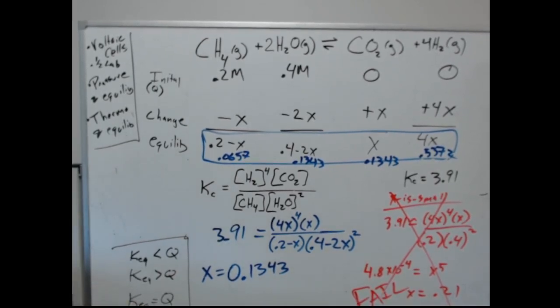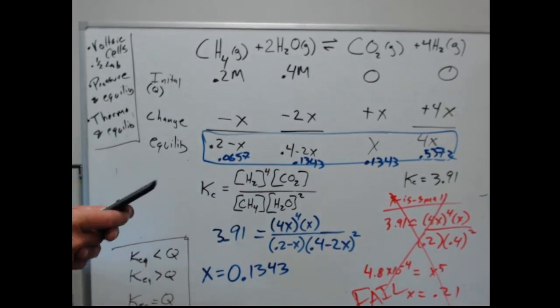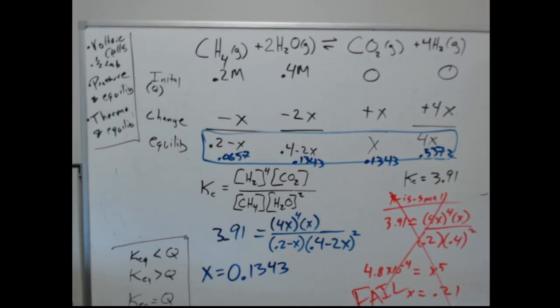Let me check something real quick. 1657. Why is that? I'm getting, I think, okay.